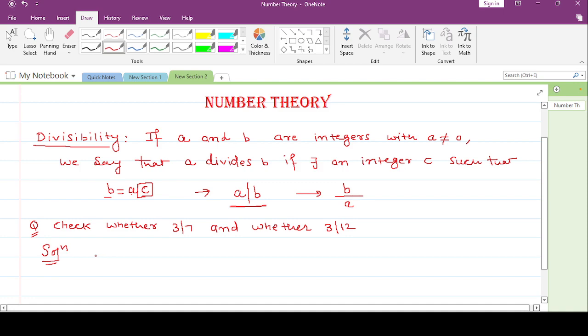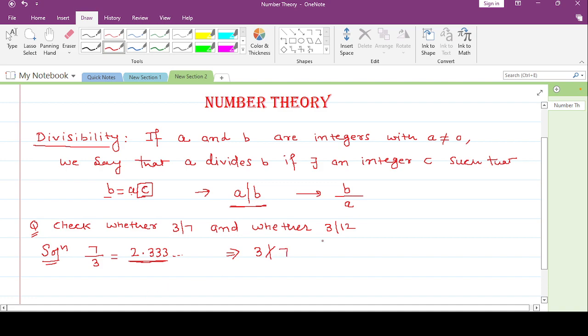When you divide 7 by 3, the answer is 2.333, like this. It is a non-terminating number. So here we did not get an integer, which is why we can say that 3 doesn't divide 7.